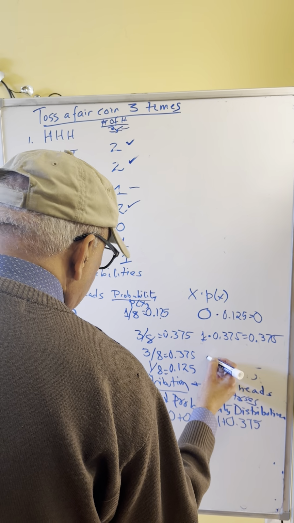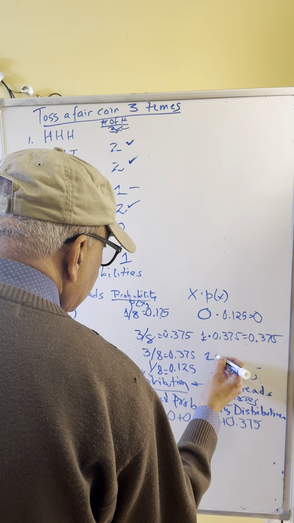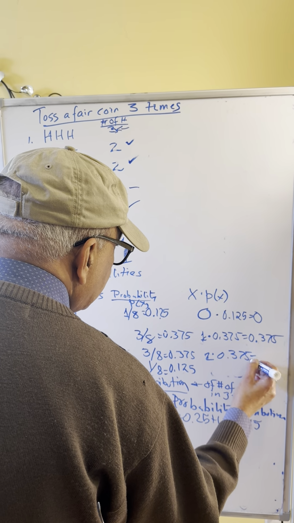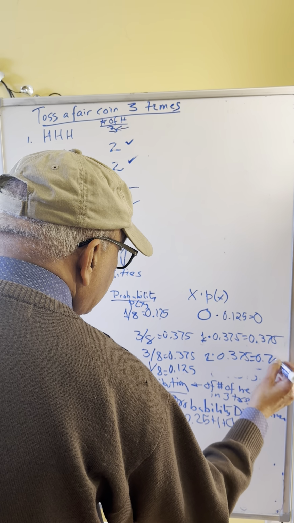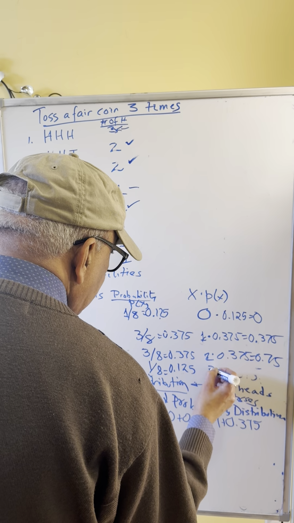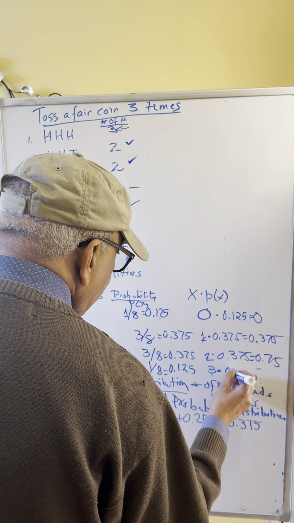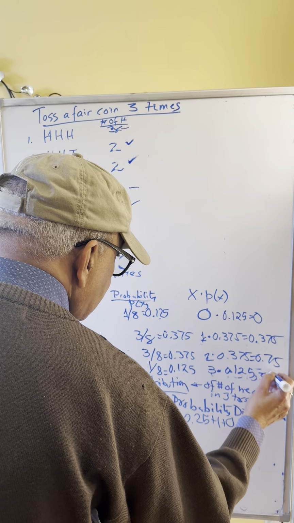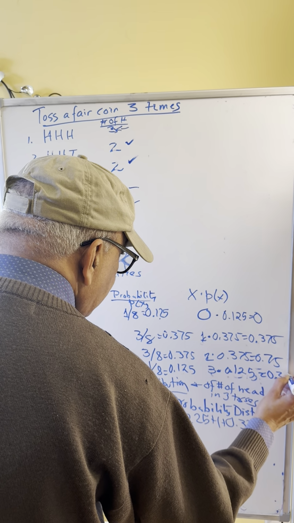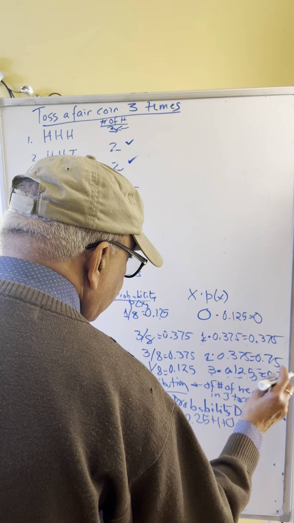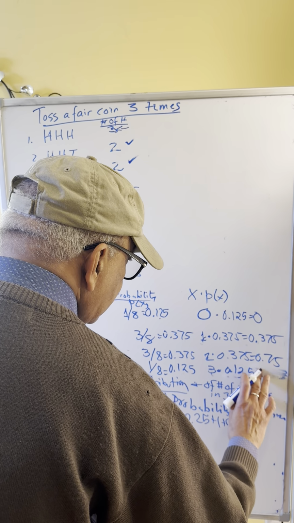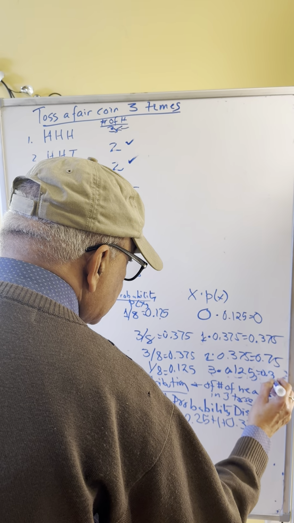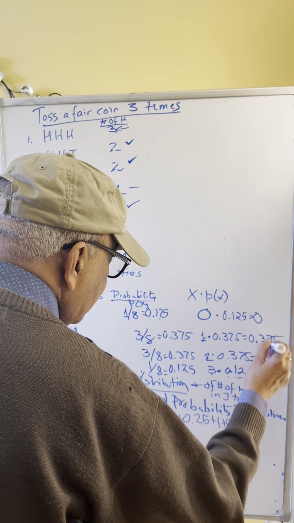Next one is x value 2 times 0.375, and that's 0.75. And the last one is 3 multiplied by 0.125, and it is 0.375. Now we will add all of this.